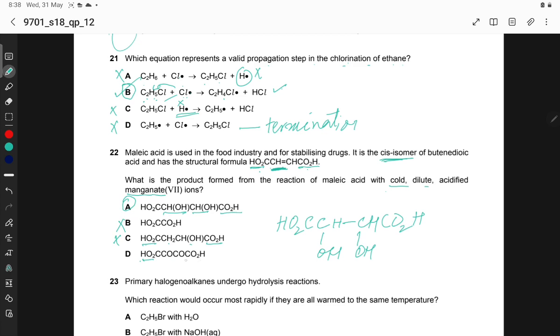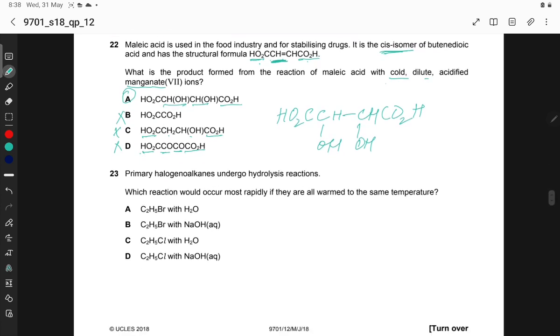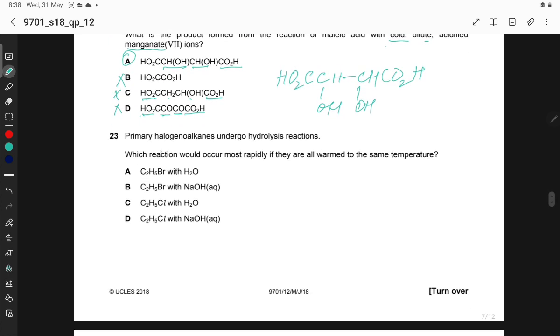In this compound a ketone is formed, C=O, which is not correct, because ketones are formed only when it is further oxidized, so it is also incorrect. A option is correct.